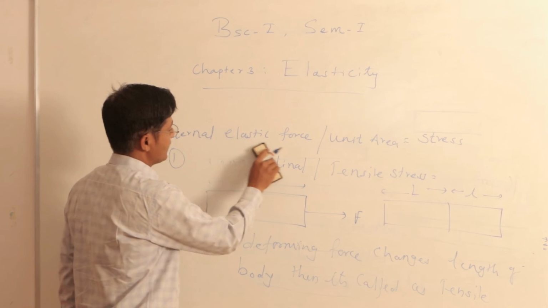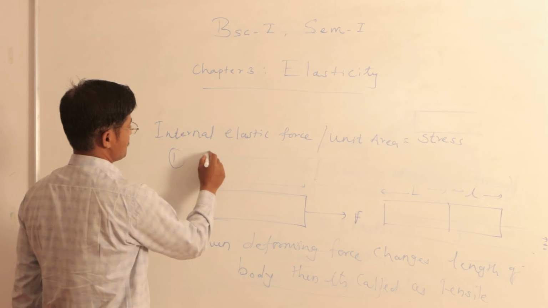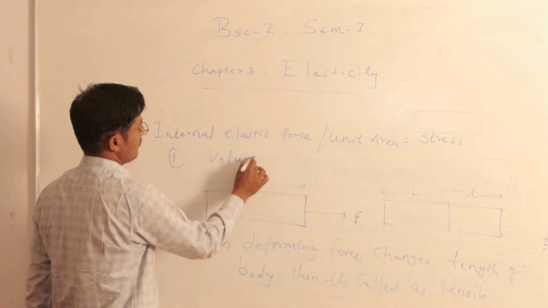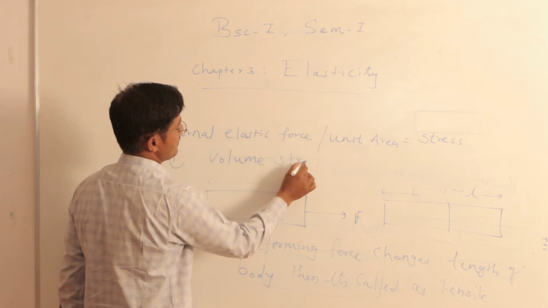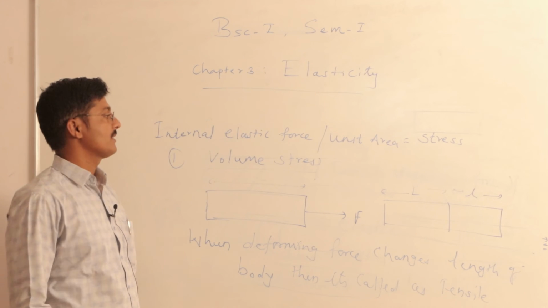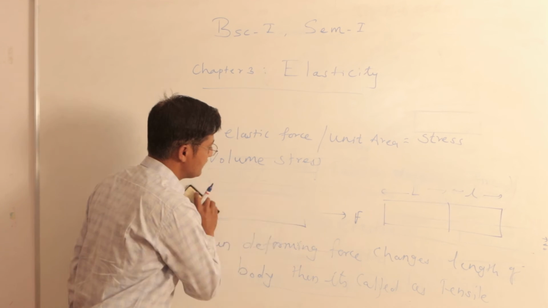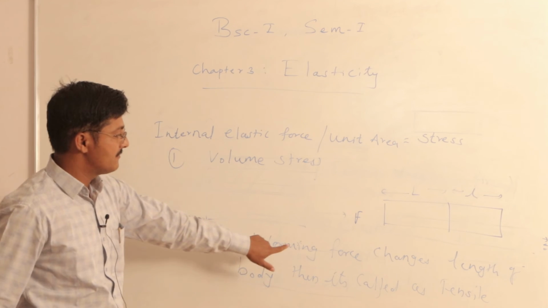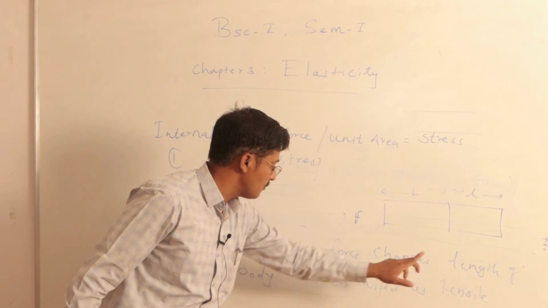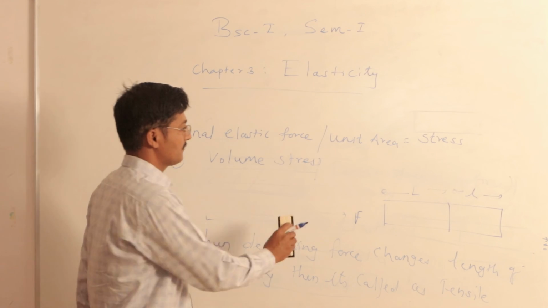Now, the second classification is volume stress. Sometimes there is a change in the volume of the body by application of deforming force. So we will change the definition: when a deforming force changes the volume of the body, it is called the volume stress.